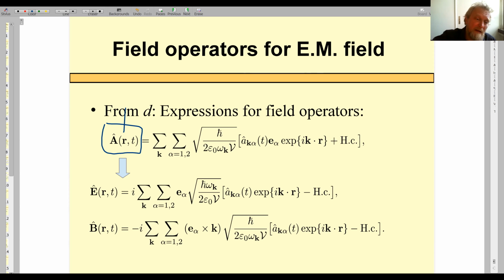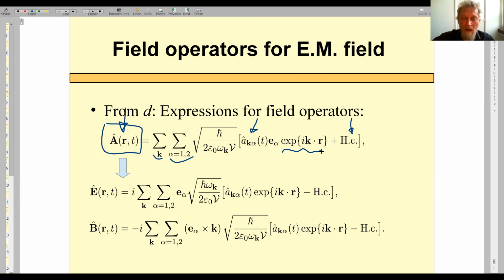First of all, if we look at the field at a given point and a given time, it is contributed by all modes with all possible polarizations and all possible momenta. Each mode is represented by an annihilation operator, and in the complex conjugated expression we have a creation operator. Good. So there is a plane wave factor associated with each mode.